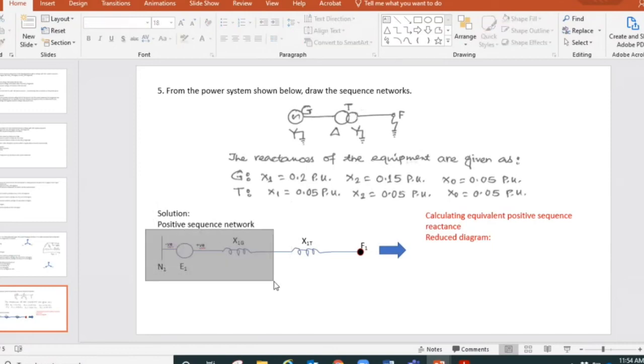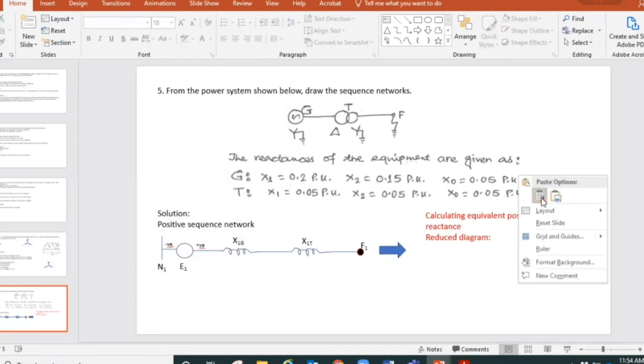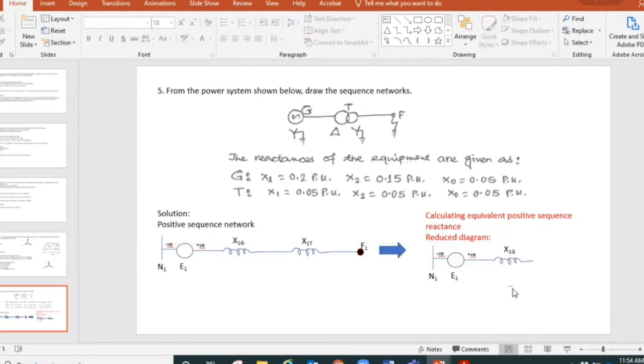So what we are going to do is reduce this one. The reference bus and the voltage source will remain there, but we will end up having an equivalent, X1 equivalent.